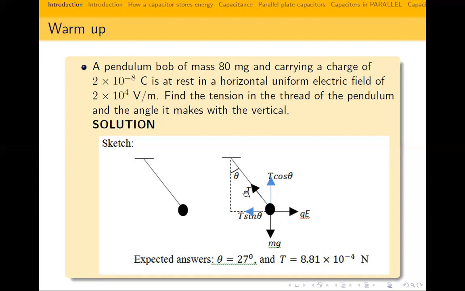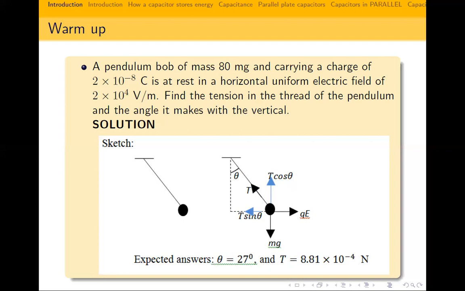I used this blue color to show that they are components of the tension force. Tension is the main force, but it has two components. Weight is the main force. It has no component because it is vertical. Then you have electric force, which is horizontal. It has no component. So you make sure you sketch it correctly.